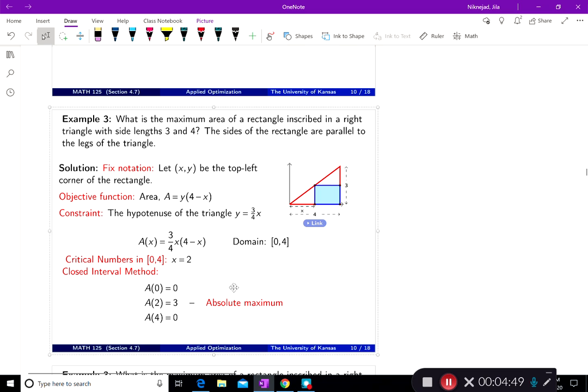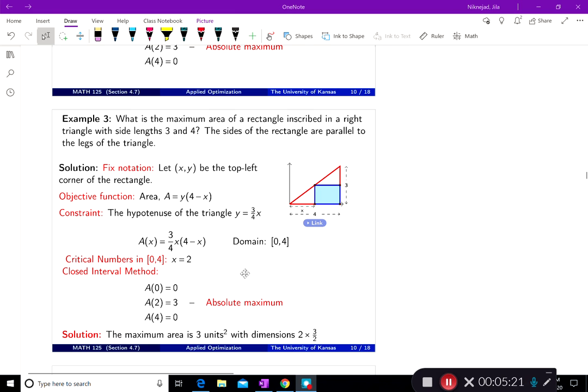Again, this was an example where you actually used the similarity of triangles to find the constraint. For engineering purposes, constraints usually come from some geometric property of the problem, so pay attention to those.